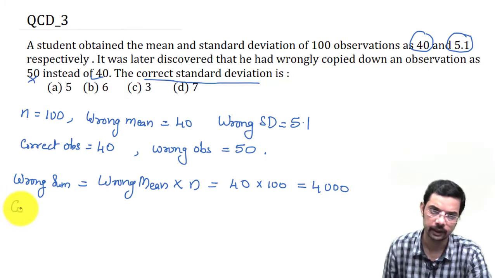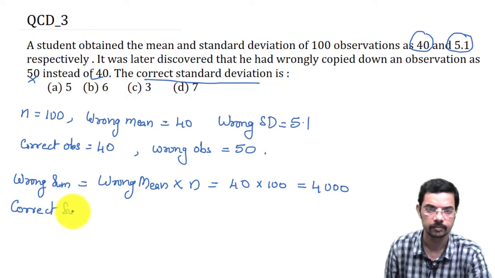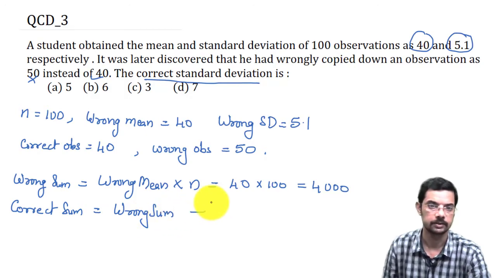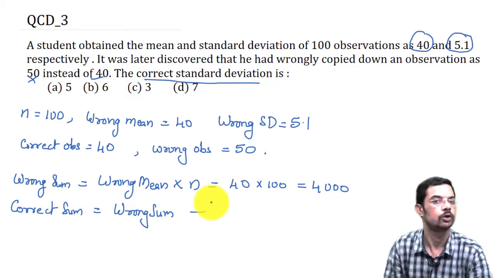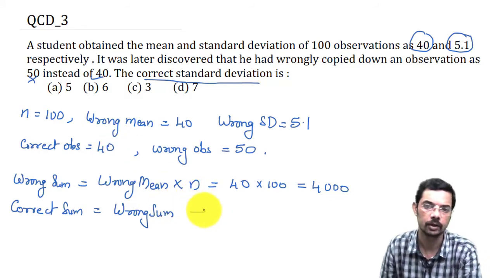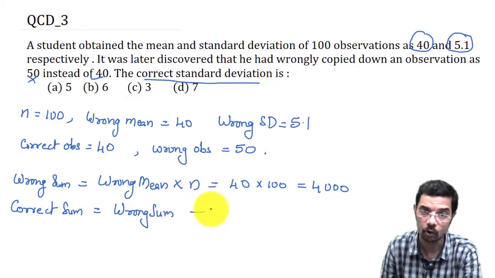Okay, now the correct sum. We need to first of all find the corrected sum. Corrected sum will be equal to wrong sum minus, we remove the wrong observation and put in the correct observation to find the correct sum.